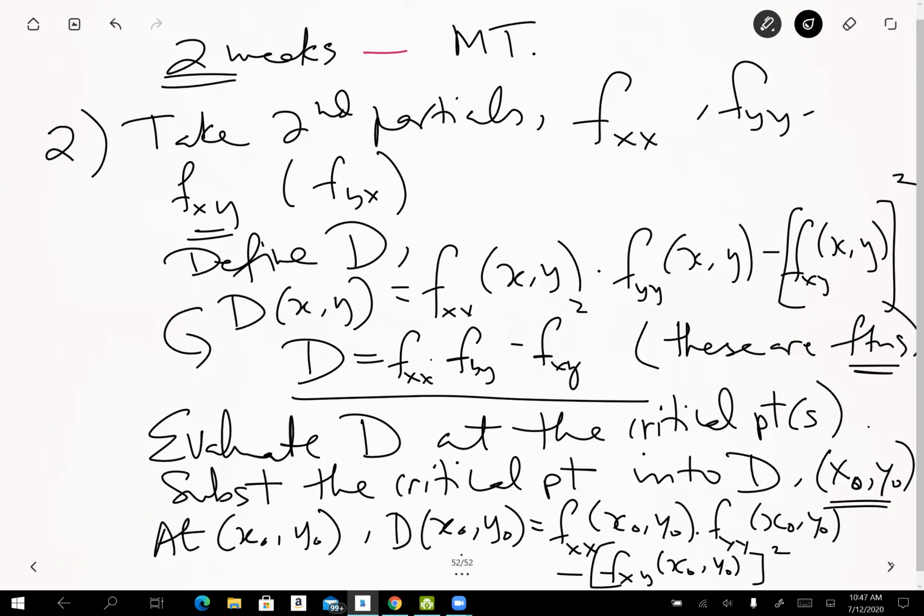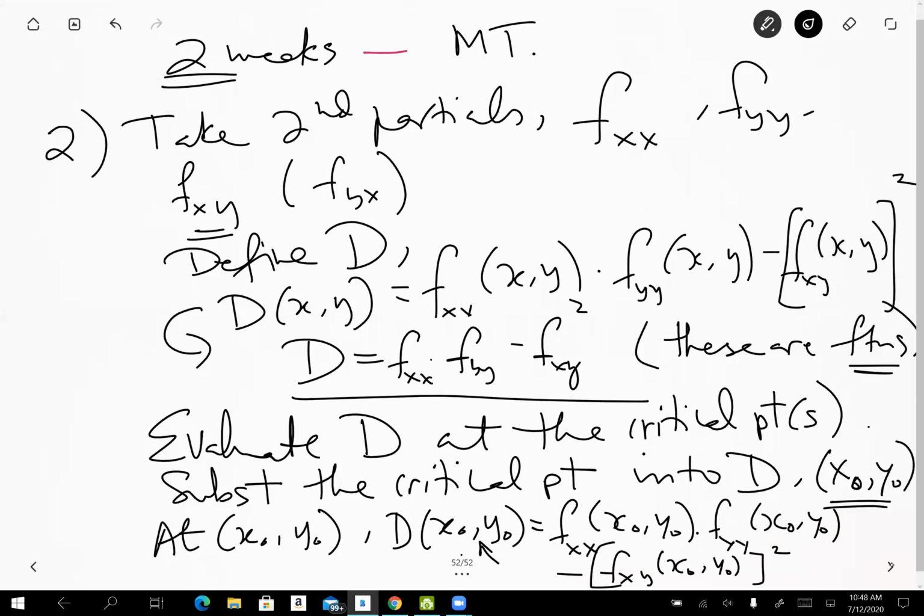So that's how you got the D, okay? You substitute the x0, y0 into the function D. In other words, you evaluate D at x0, y0.